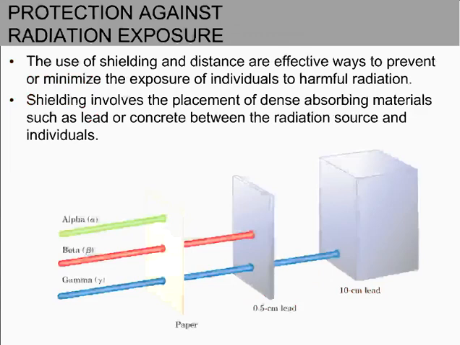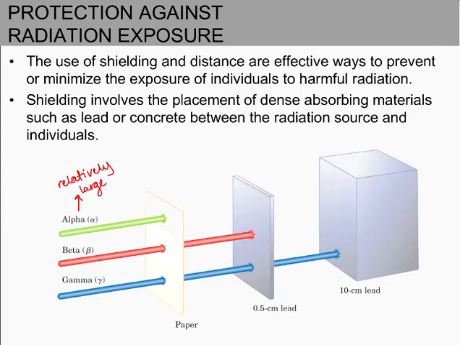Alpha particles are really large compared to beta particles and gamma rays. I mean, they're actually very, very tiny for us, but relative to beta particles and gamma rays, they're fairly large. So these are relatively large particles, and that means it's pretty easy to stop alpha particles. You could stop an alpha particle with a piece of paper, for instance.